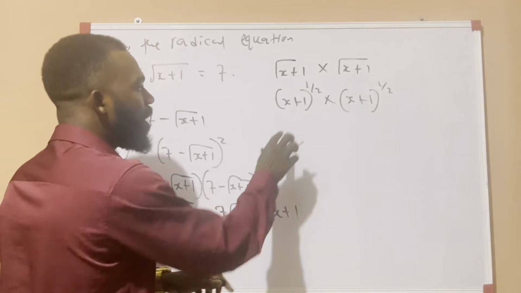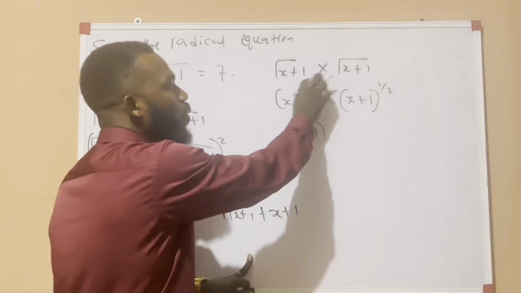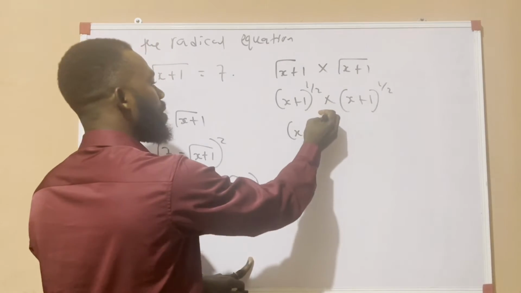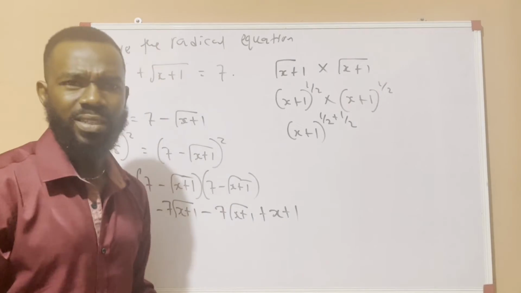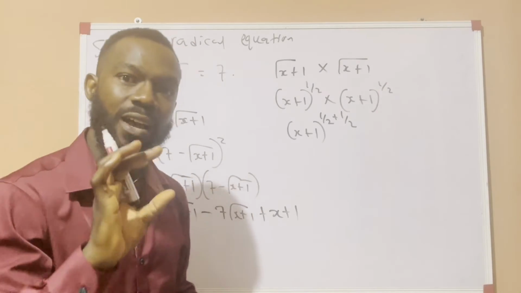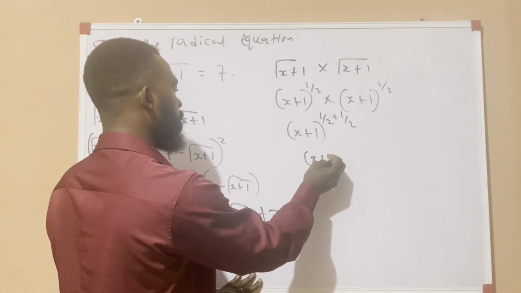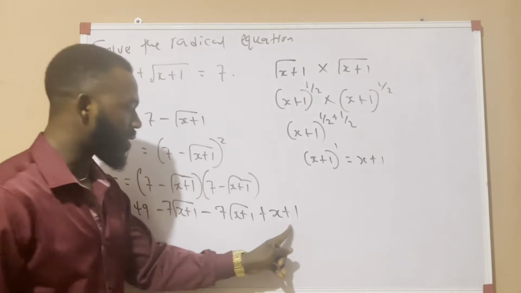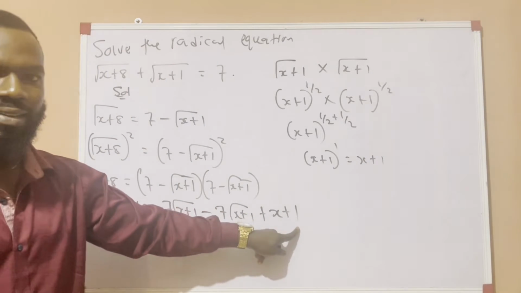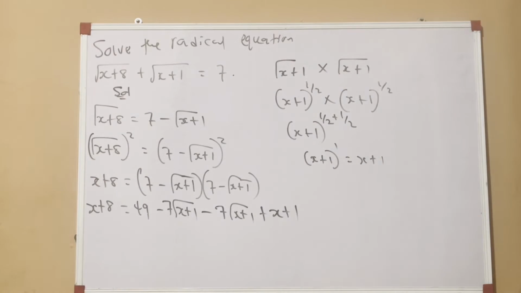So I will pick just one of the bases, x plus 1, and then add the powers, which is 1 over 2 plus 1 over 2. It is as simple as this. We all know 1 over 2 means half, so half plus half gives us 1. So here we have x plus 1 raised to power 1, and x plus 1 raised to power 1 still gives us x plus 1, which we have here. Are you with me? Alright, let's proceed.